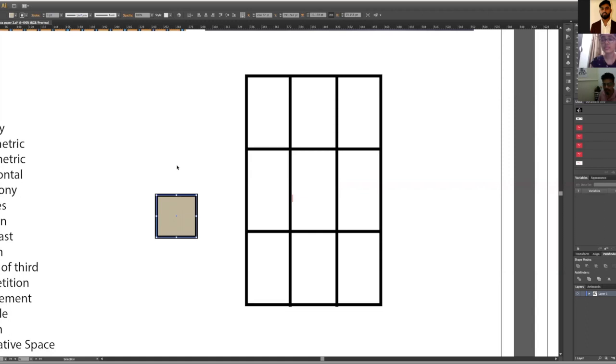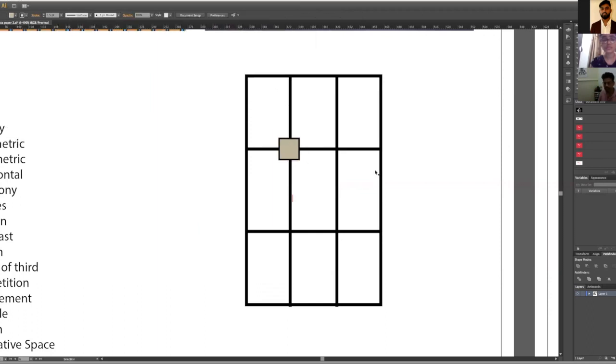Okay, so again here we have more options of rule of third. I'll tell you how many. So this is one place. Let's say from here a plant is coming and this is nothing but a flower. This is where I want to emphasize.